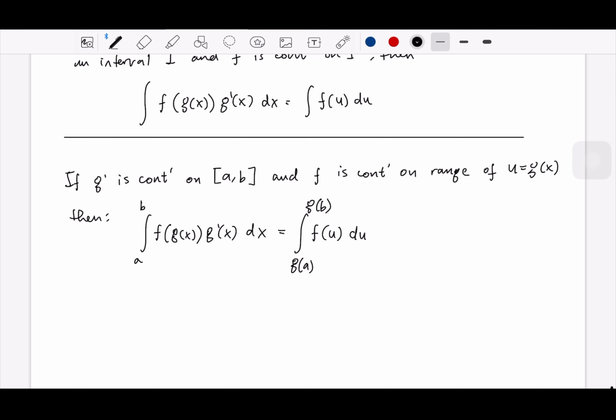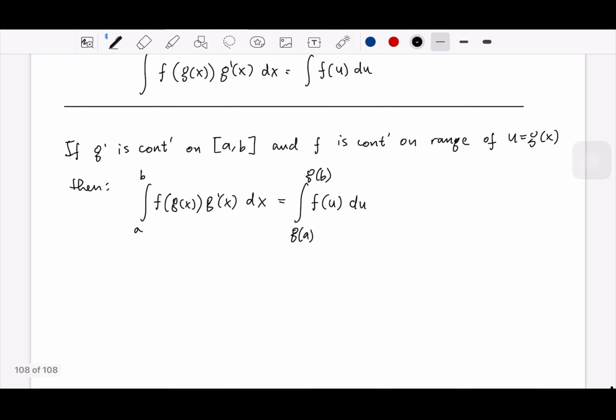So basically, what we have in substitution is we are substituting the g with u. So as an example, I think it's easy to see from the example. If we are having, let's say, integration from 1 to e of ln x over x dx.